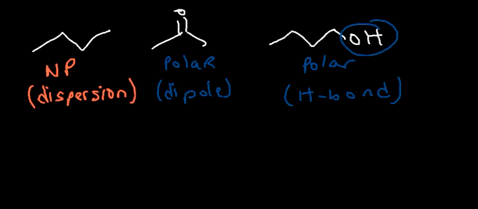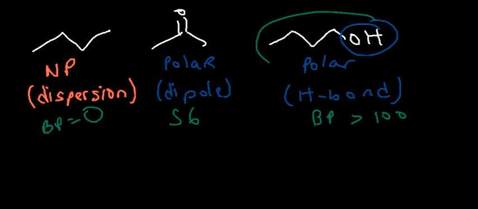It's a special case. So the molecule that's going to have the highest boiling point is the one that has hydrogen bonding. The boiling point of this molecule is like above 100. For acetone, it's like 56, and for butane, the boiling point is 0. As you can see, the one that has hydrogen bonding has the highest boiling point.